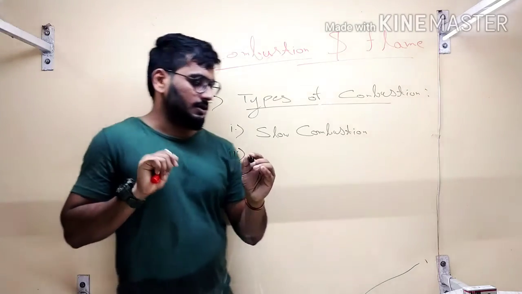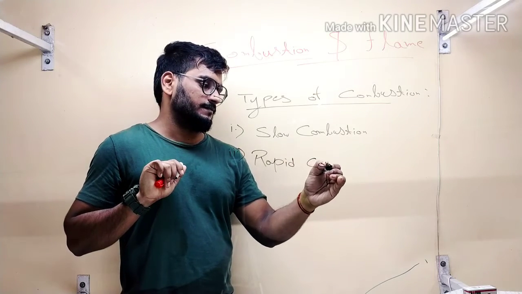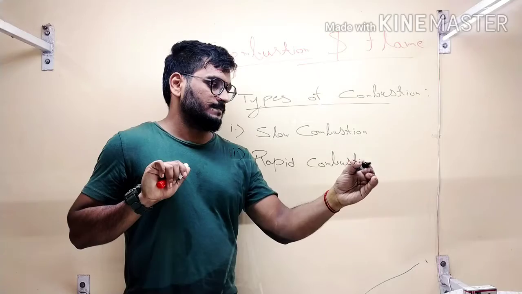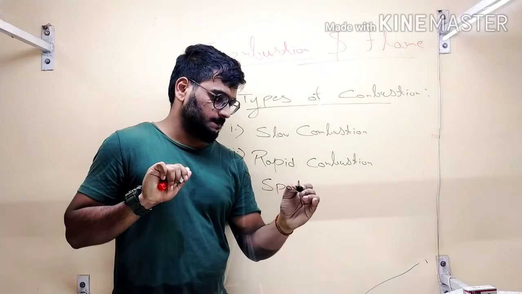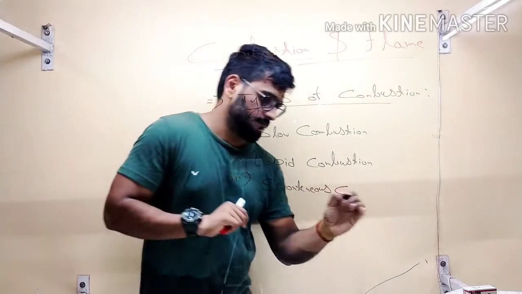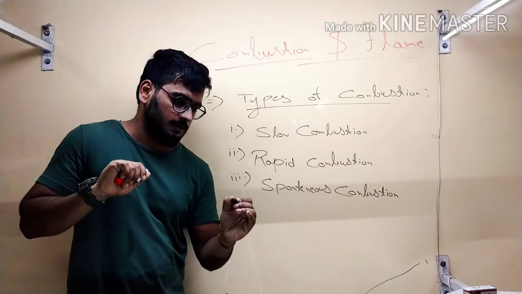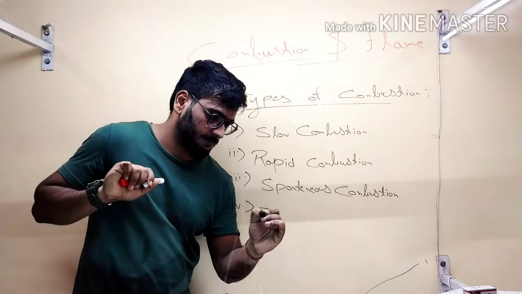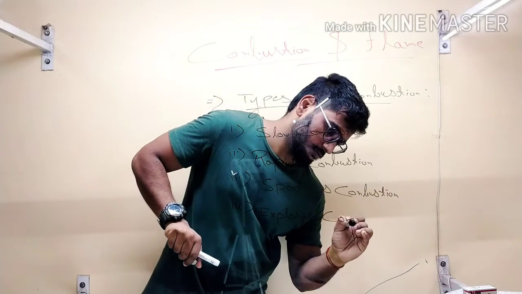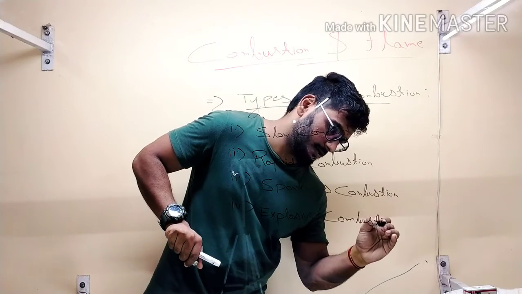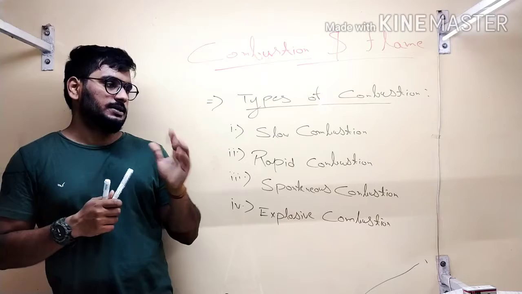Number 2 is rapid combustion. Rapid means fast. Number 3 is spontaneous combustion. And number 4 is explosive combustion. So these are the different types of combustion which I am going to discuss right now.